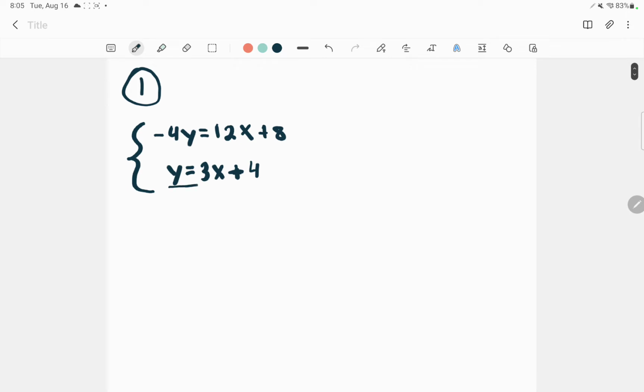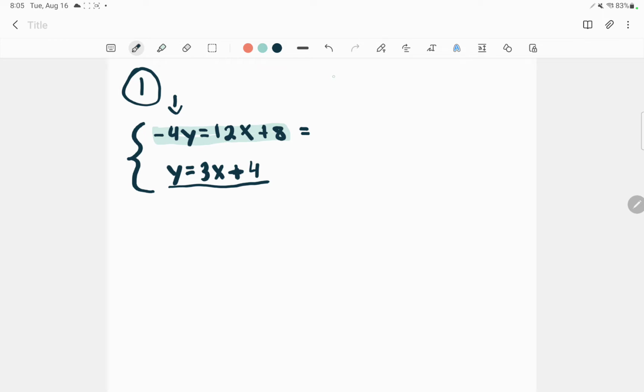You're going to notice that one of the equations is already in y equals, so I don't have to do anything with that one. Now, the other equation, this one right here on the very top, is almost in y equals. The only thing that is not making it y equals is a negative 4 in front of the y. So I'm going to go ahead and change that.